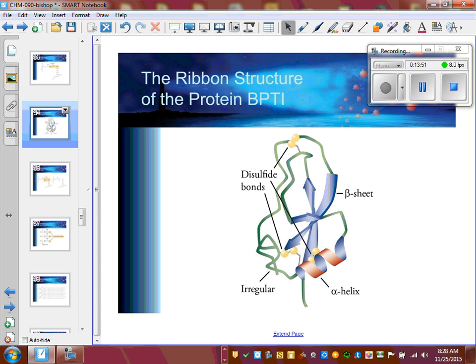Here, this ribbon, well, it's not a ribbon, a rocket, whatever this is, it's called a beta sheet. So we've got a beta sheet structure here. Here looks like an alpha helix. It's an alpha helix part here. And the rest of this green line is all irregular. So that would be the shape of the protein.